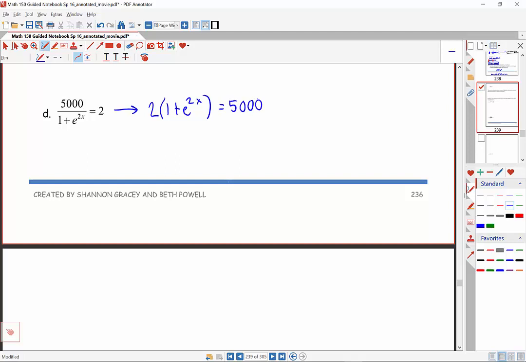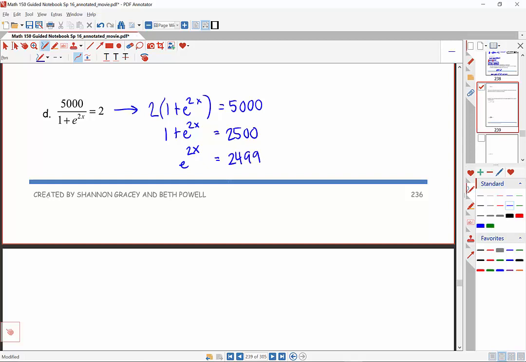What we want to do with this is isolate the exponential term. So we have 1 plus e to the 2x is equal to 2,500. Taking away 1, we have e to the 2x is equal to 2499.